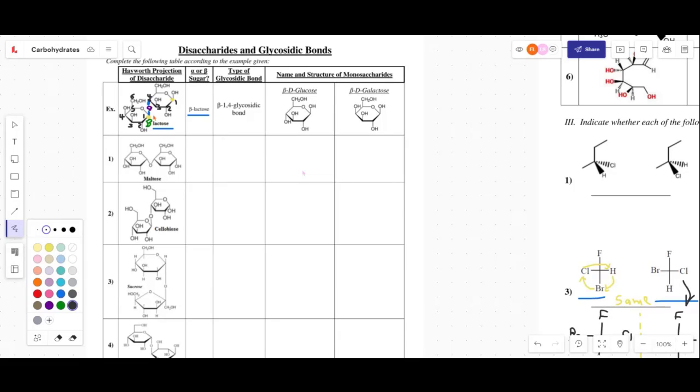Yes. Okay, cool. Now what would number 1 be? First of all, can you go ahead and draw a little circle on the anomeric carbons? Find the anomeric carbons for me on number 1.